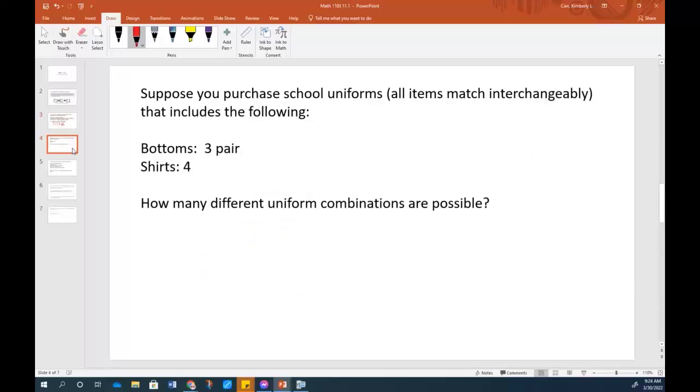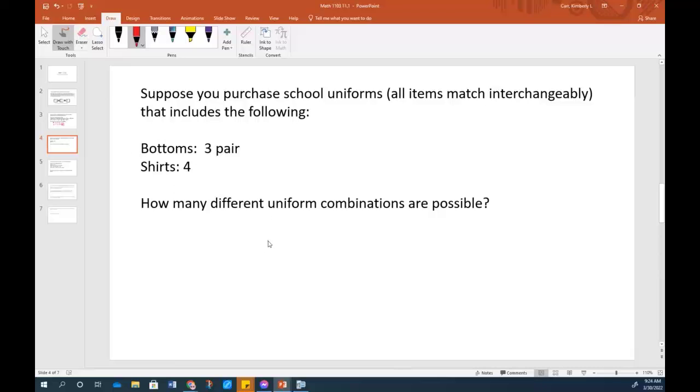Now suppose you purchase school uniforms at a school where all the items match interchangeably. I used to work at a school like this. And so there were 3 different options for bottoms, like you could get shorts, you could get pants, you could get pants with a pleat or something, and then there's 4 different shirt options available. So how many uniform options are available?